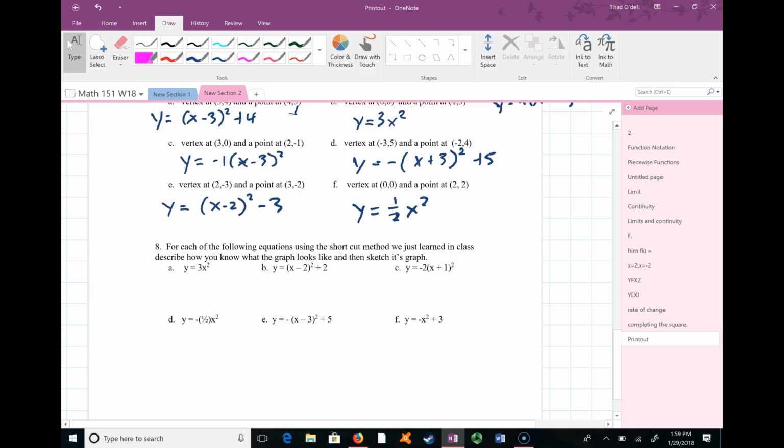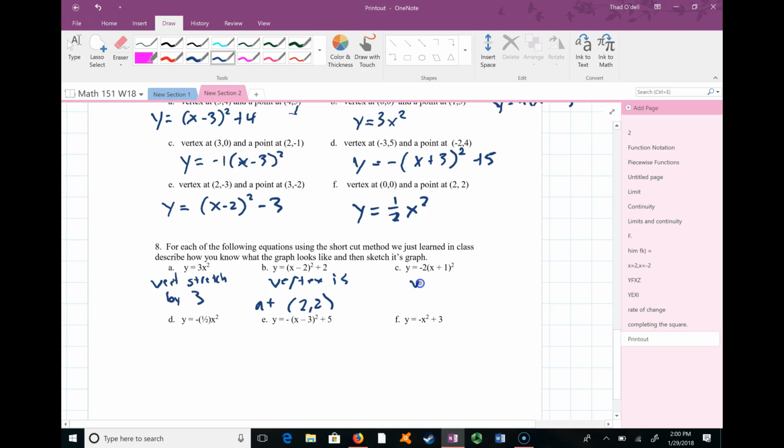So each of the... this thing is going to be vertically stretched by a factor of 3. Everything else is the same. This thing is going to be shifted, or actually I don't have to use all that language because we could just say the vertex is at 2, 2, and it's a normal shaped parabola.